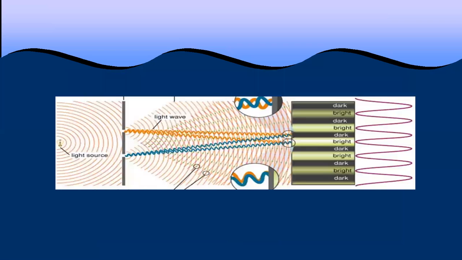Okay, remember this one? We just went over this. This is actually a picture of interference. Okay, so when interference happens, we can have positive interference, which is down here at the bottom, or we can have negative interference, which is constructive or destructive. Okay, what is this a picture of?